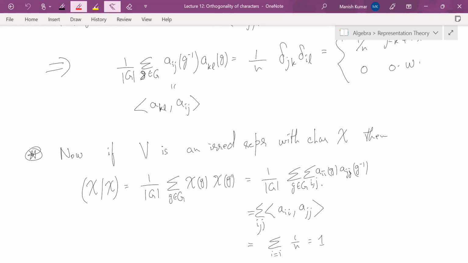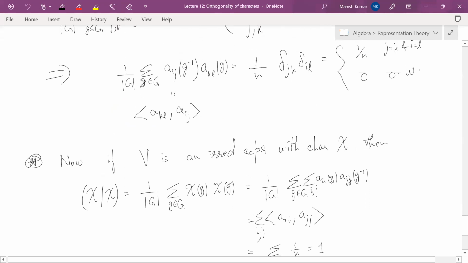So we get this, and now of course you take the sum outside and put the sum over g inside, and then push the 1 over g inside as well. Then what you get is just the pairing of aii with ajj, and you have to sum over all i, j.